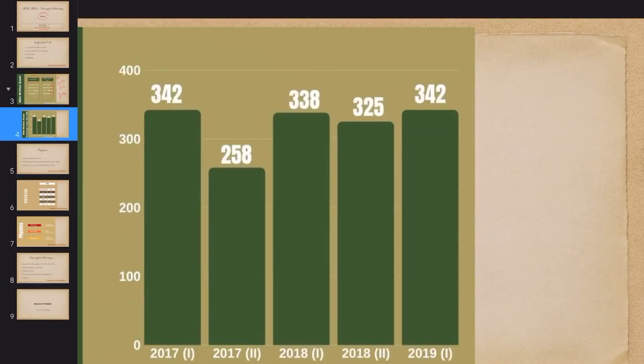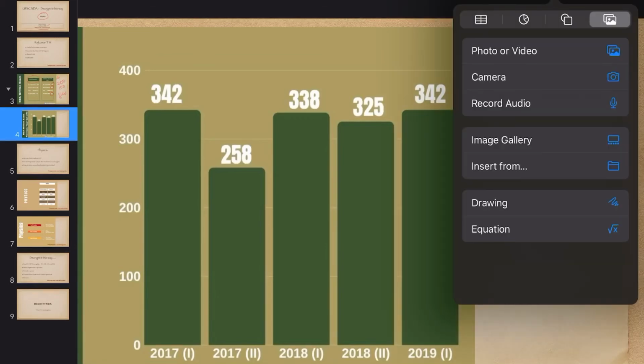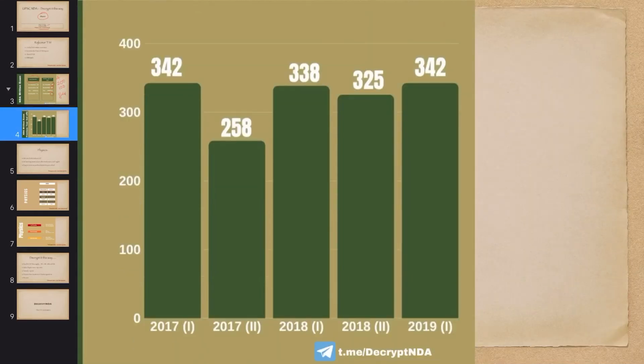This is the previous year cutoff analysis of the last 5 years. If we analyze this cutoff, you can find that for the last 5 years the NDA cutoff has been less than 350 marks. The cutoff has never crossed the value of 350. That means you need less than 50% to clear the NDA written examination.